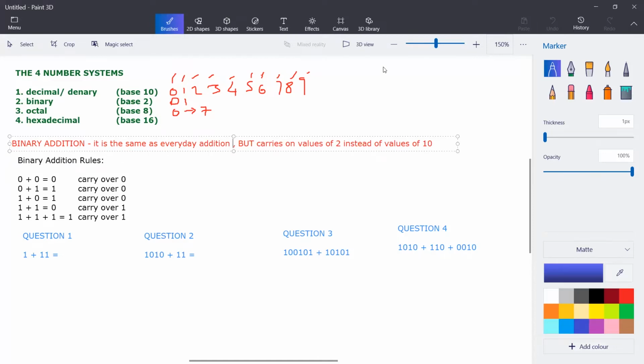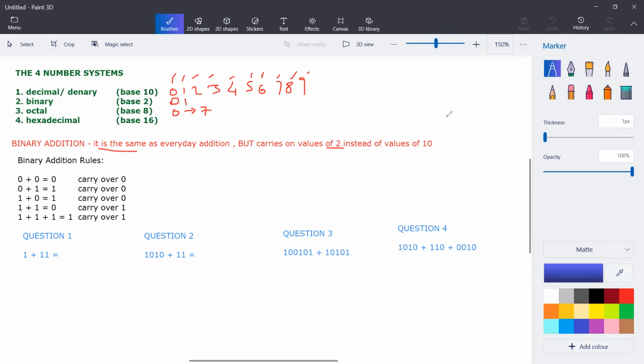So what's the difference with the daily addition that we normally do? Instead of carrying over values when you hit 10, for binary addition, you'll carry over values when you hit 2. So if your addition is giving you an answer of 2, you'll have to carry 1 over to the next operation. You understand?